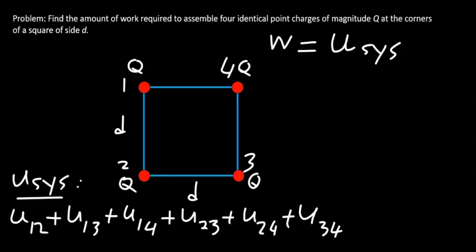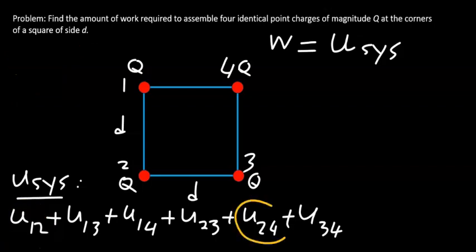We stress here each pair must be considered only once, so terms like U21 need not be considered because the pair 1, 2 has been taken care of by that term U12.